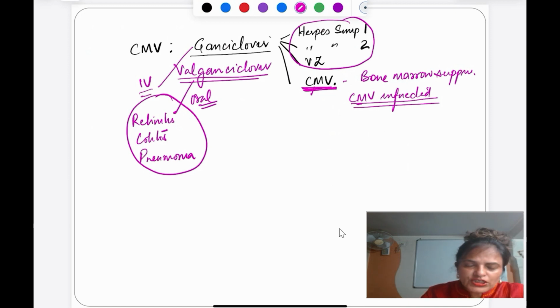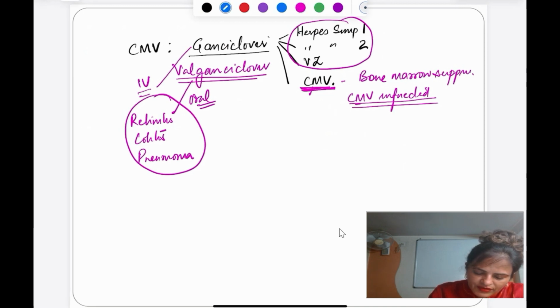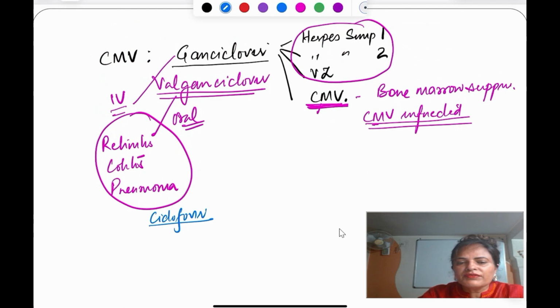And if the cytomegalovirus shows resistance to ganciclovir or valganciclovir, then what is the other alternative we have? Then we can give cidofovir. What is important about cidofovir?